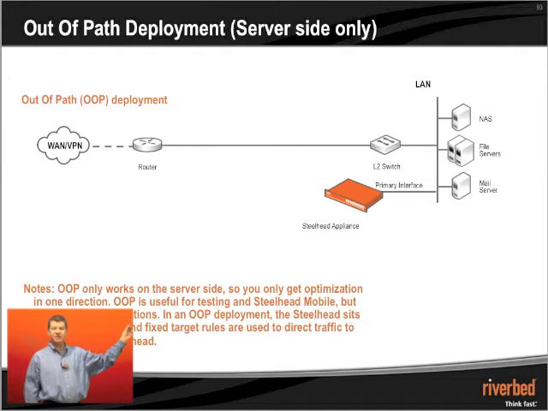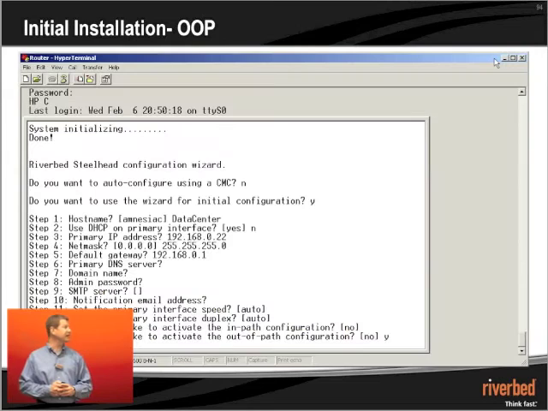The steelhead on the server side will then create a NATed connection between that primary interface and the servers, in this case, the mail server. That's server-side out-of-path. As if that weren't complicated enough, let's investigate how we would configure it.